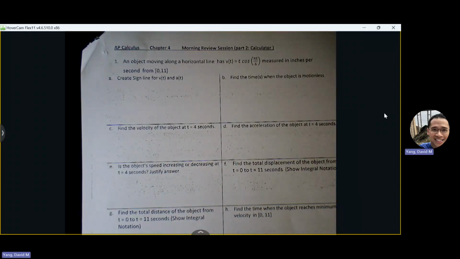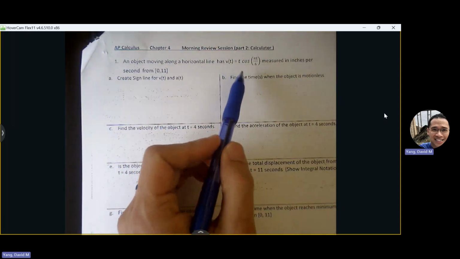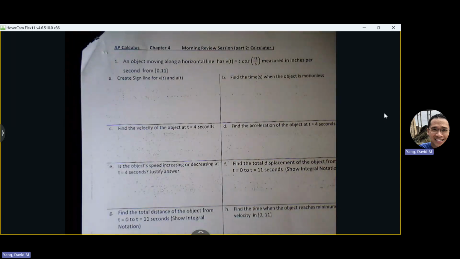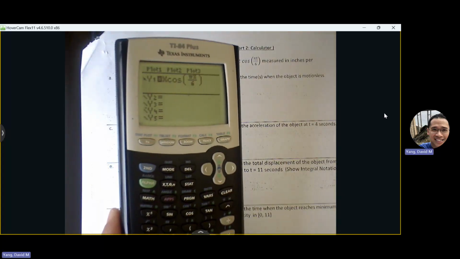Okay, an object moves along a horizontal line, v of t. This is kind of like our derivative graph here, the velocity function. So in your calculator, you can type in your function under y1. Remember, you're only using x in your calculator.